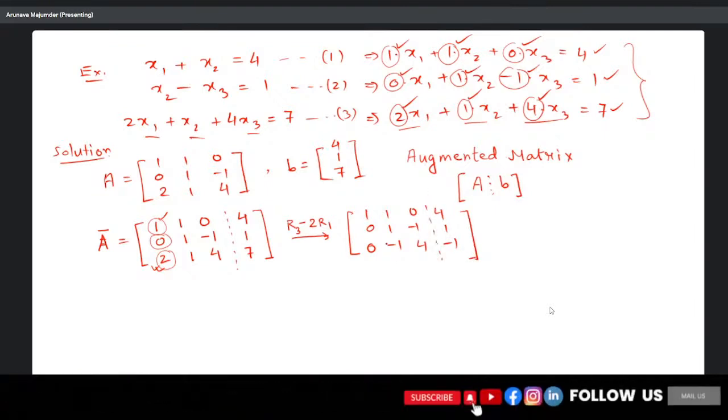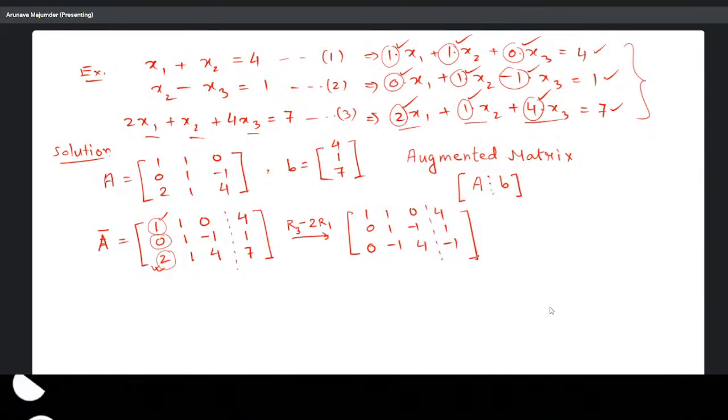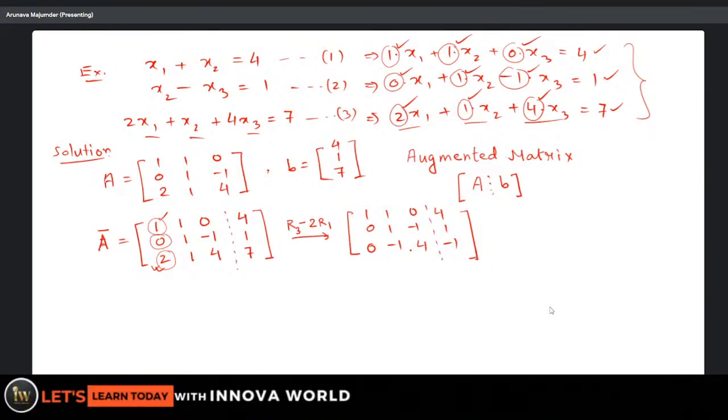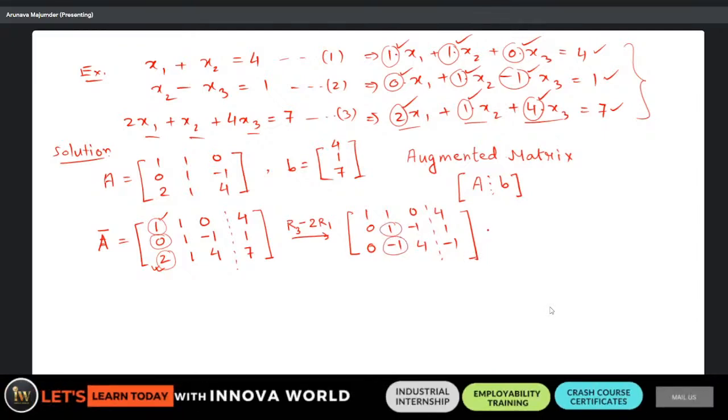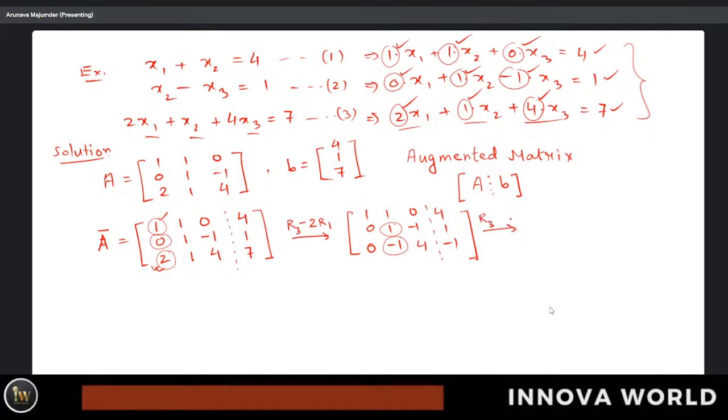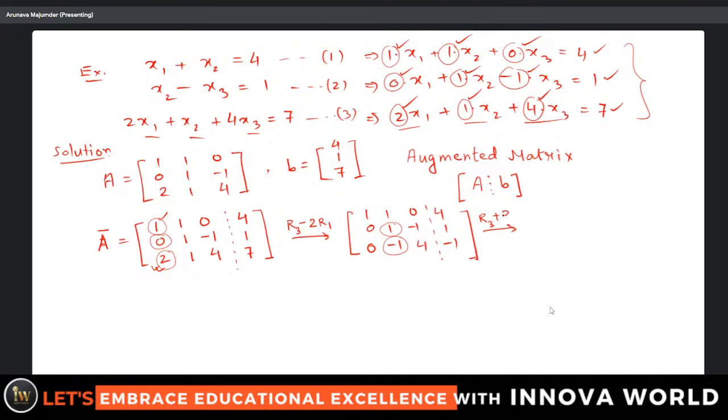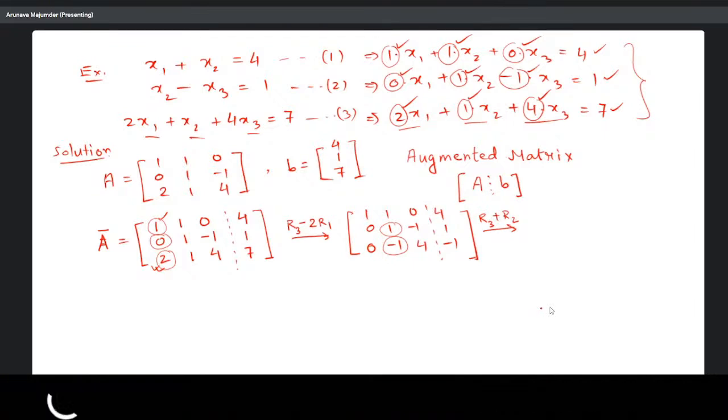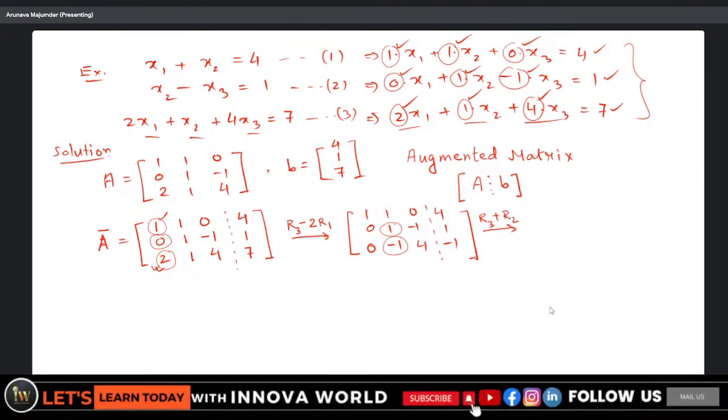I'm not going to show you the operations because I have already shown you all the operations here. Now this is already 1, we will make this element 0. So it is R3 plus R2. Simply R3 plus R2.